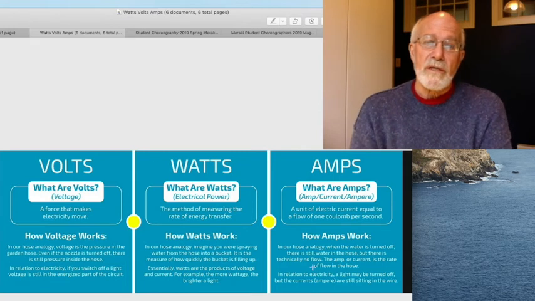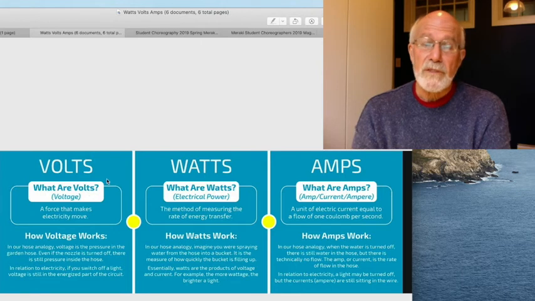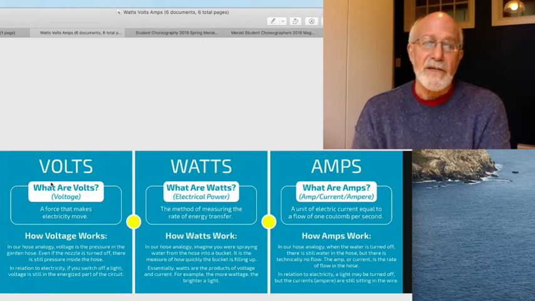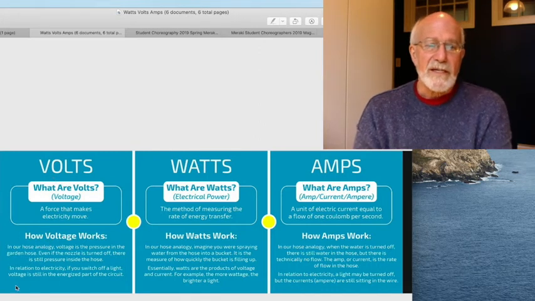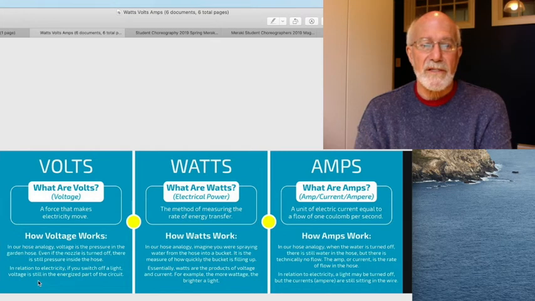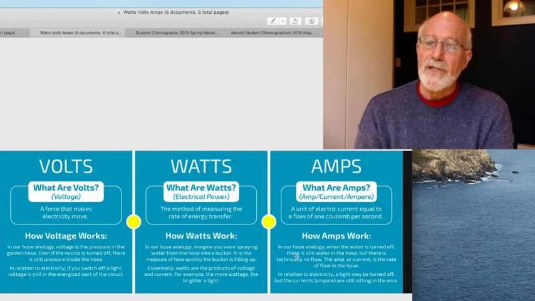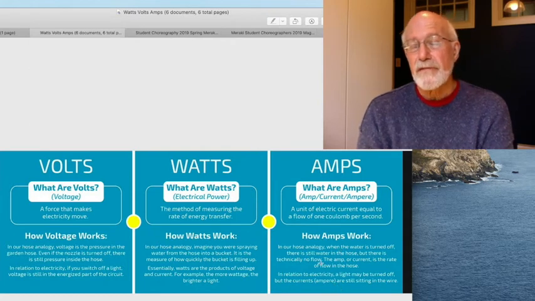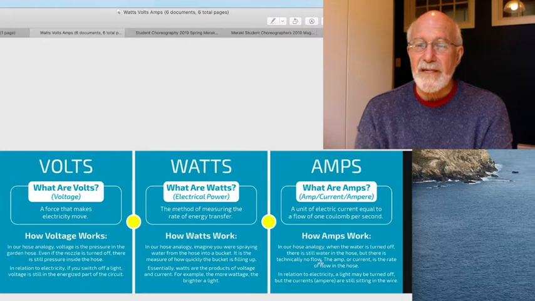So the voltage measured in volts is the electromotive force, and as it says right here, it's the pressure in the garden hose. Okay, the amperage is the amount of flow at a given instant.